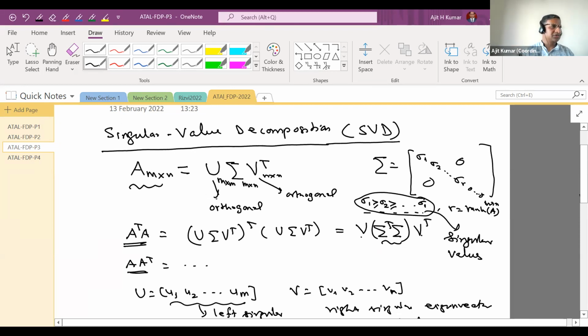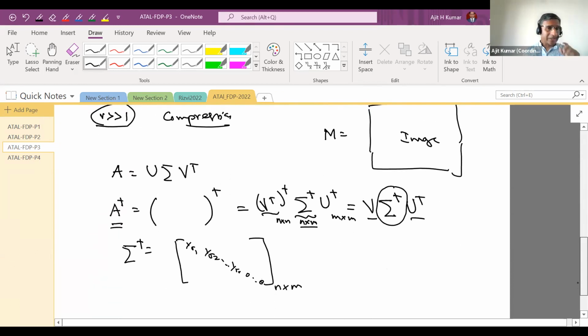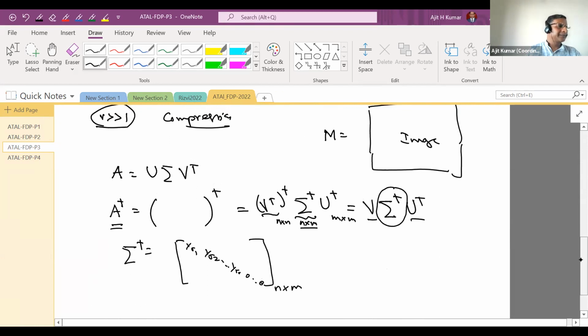So it is rotation, scaling, rotation. That is another geometric meaning. You can also find a lot of information about norms and many other things, but I'm not going to get into those details. Anyway, now let us look at how we can find these things in Sage.